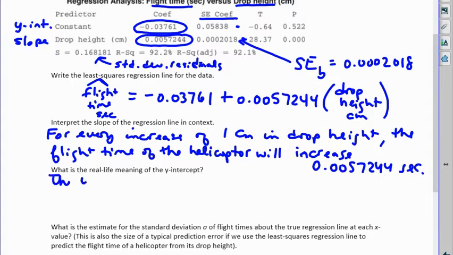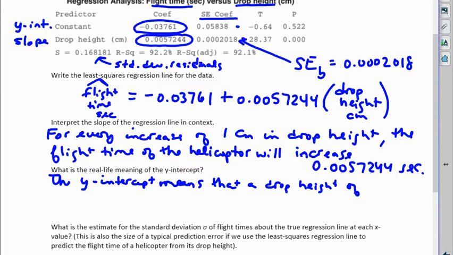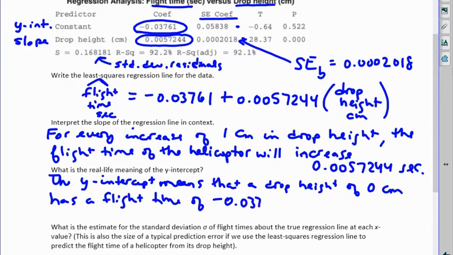So the y-intercept means that when the drop height was 0 centimeters, the flight time of our helicopter will be negative 0.03761 seconds.